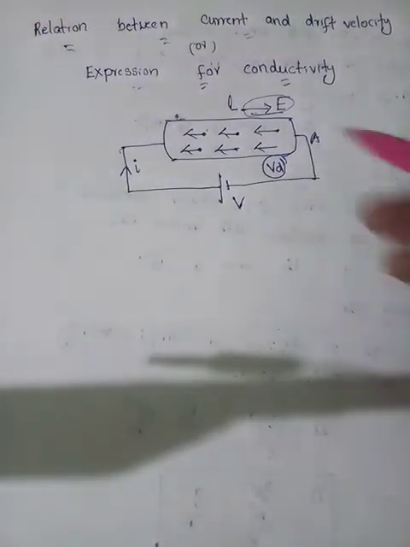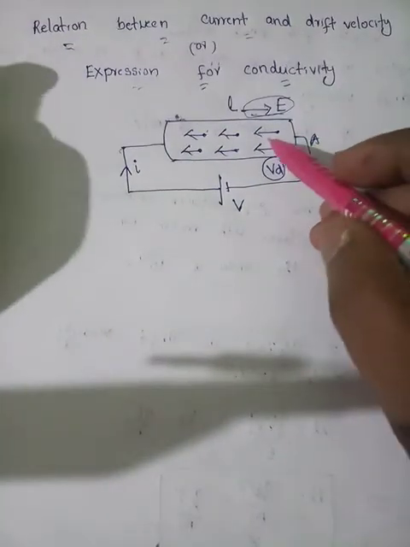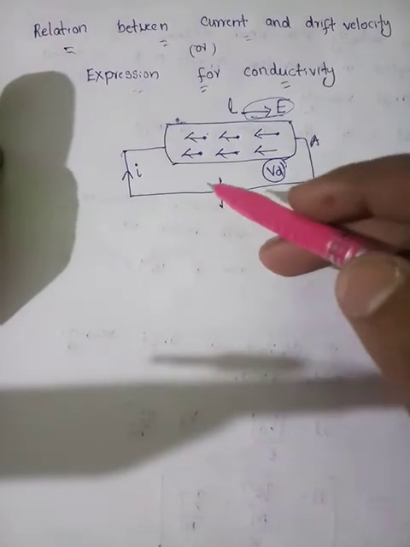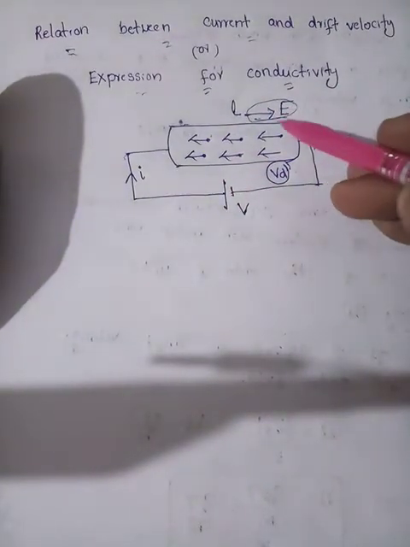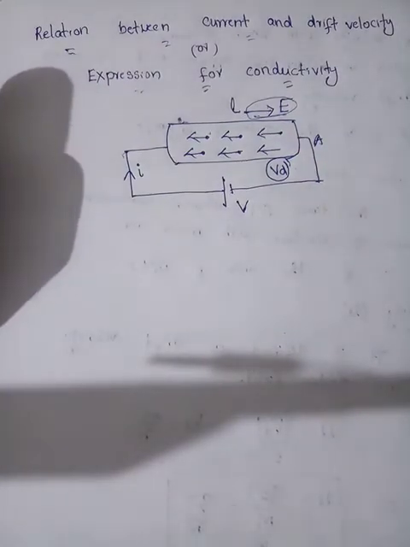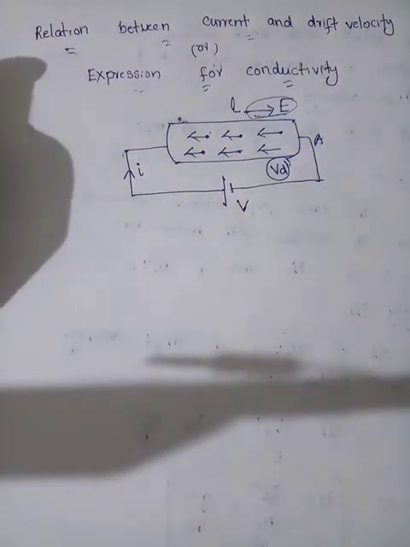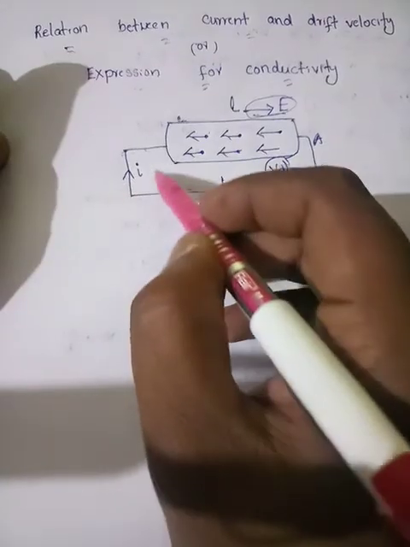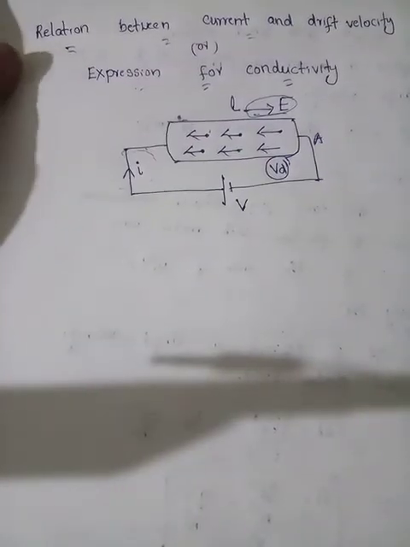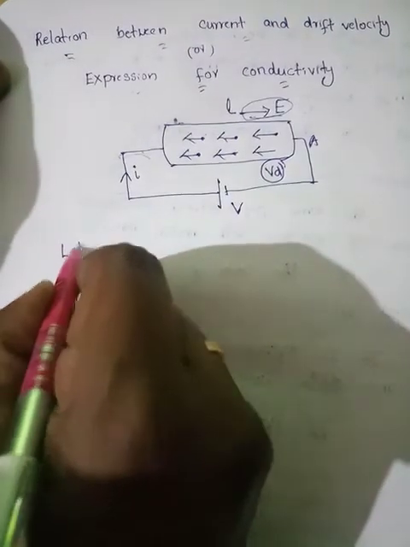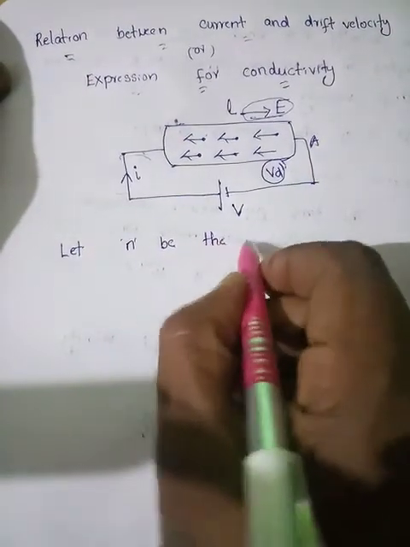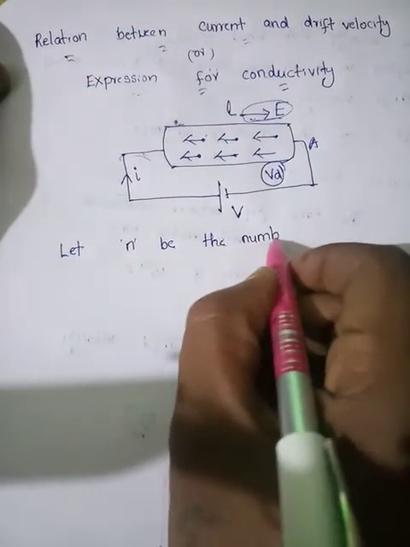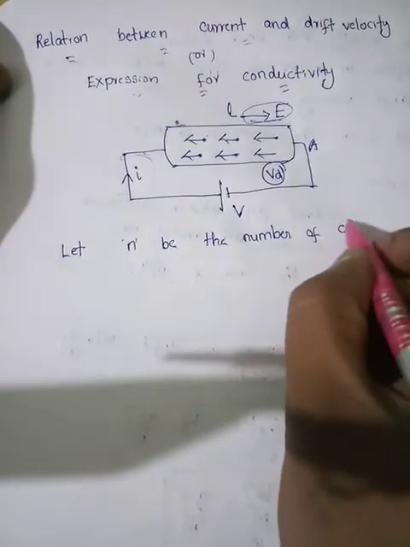We have considered a conductor having length L and area of cross section A. When it is connected to a battery of potential V, it produces an electric field which makes the electrons move from negative to positive, so that current starts to flow in this conductor, that is I. Let n be the number of charges per unit volume.